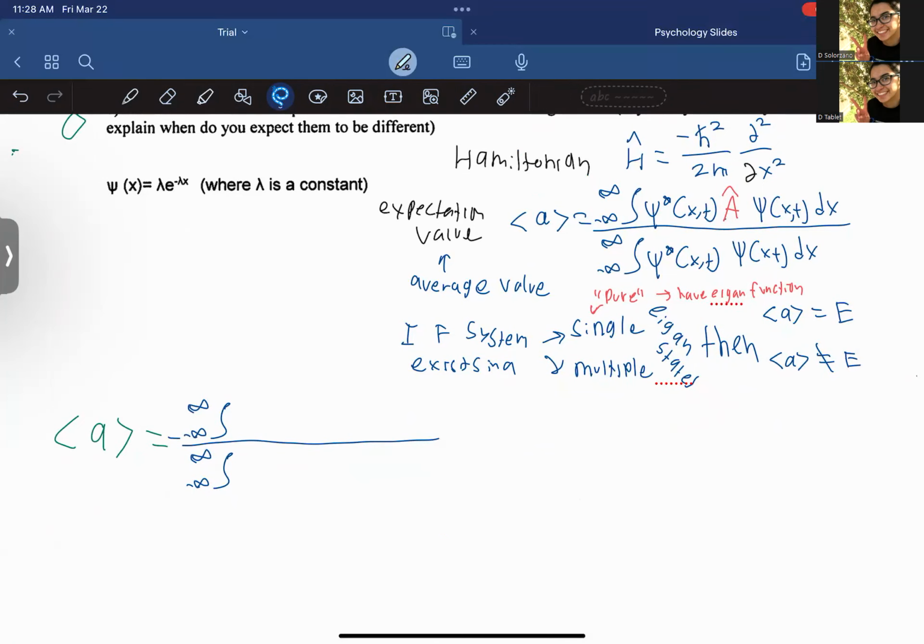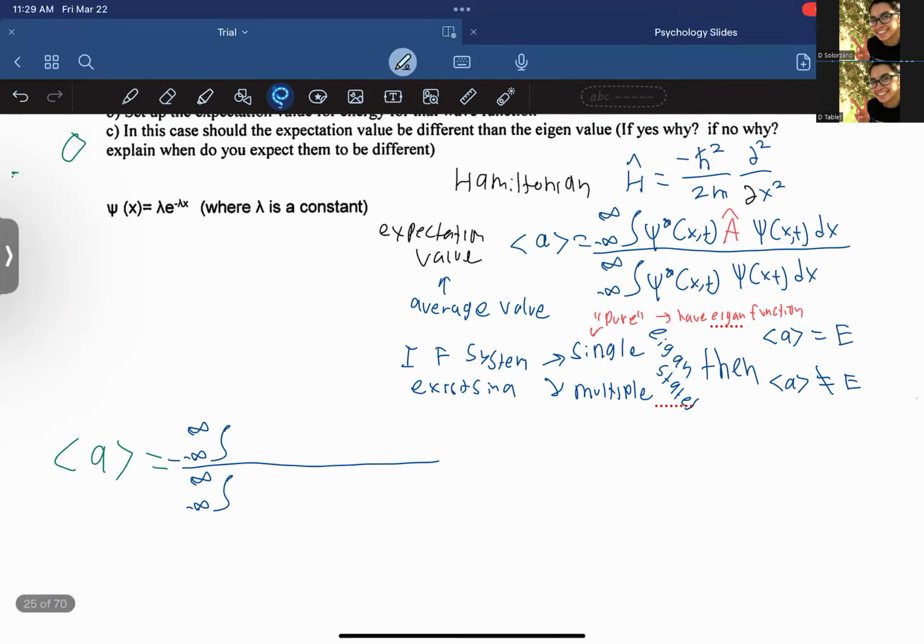Anyway, we have our wave function. I'm gonna write it at the bottom first just because it seems easier. That's probably just gonna be squared. Yes. Just because it's multiplied by itself. So yeah. Then up here, I'm not sure if you're supposed to write it separately. My wave functions are struggling today.